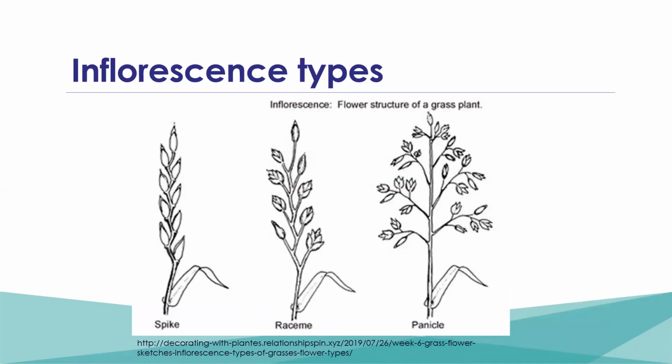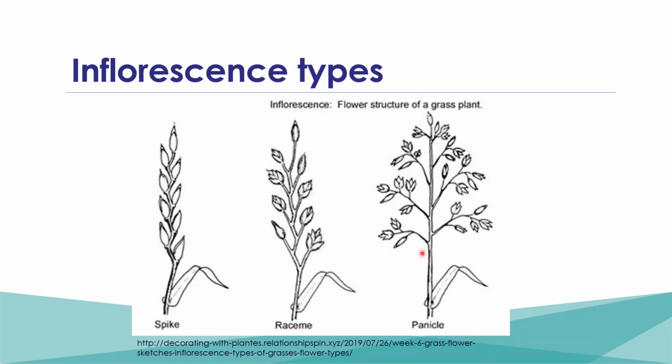We typically have just these 3 inflorescence types. Most commonly, you're only going to see the spike on the left or the panicle on the right. So a spike has each one of those spikelets attached directly to that central stem. You can see right where there's a node, there's a spikelet. A raceme is just one variation out where we have one branch in between that central stem and the spikelet.